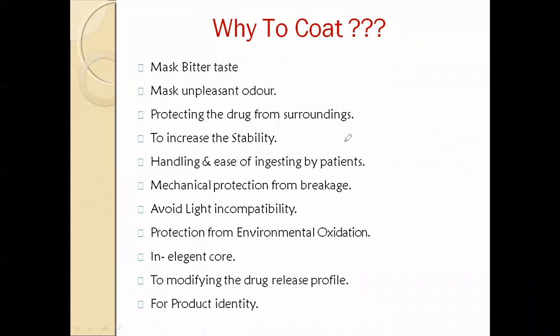Now let's see in detail one by one why we go for coating. Suppose I have a drug, that is an API or a combination of APIs, which I'm going to use in my tablet blend, and they are bitter in taste. I can use coating for masking the bitter taste. Apart from that, if I have ingredients going into my tablet formulation which have an unpleasant odor, to mask them also, I am going to go for the additional step of coating.